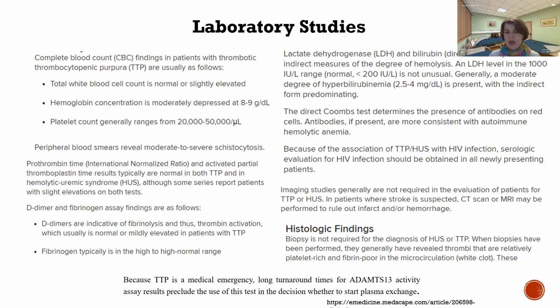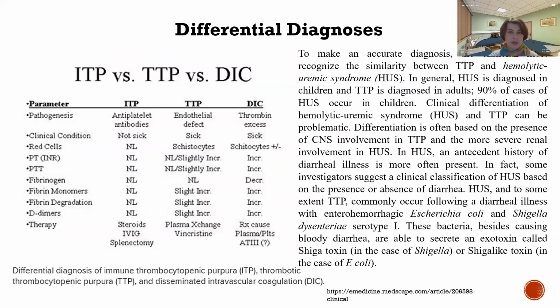Biopsy is not required for the diagnosis, and when biopsies have been performed, they generally have revealed thrombi that are relatively platelet-rich and fibrin-poor in the microcirculation. Because thrombocytopenic purpura is a medical emergency, long turnaround times for ADAMTS13 activity assay results preclude the use of this test in deciding when or whether to start plasma exchange as the treatment.